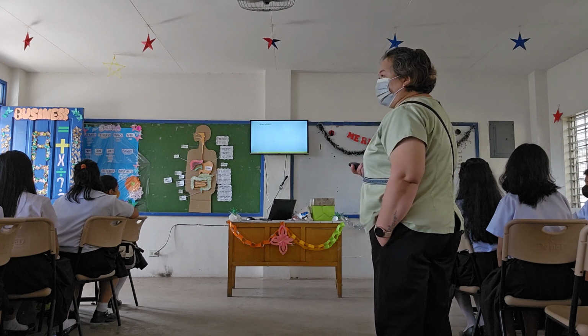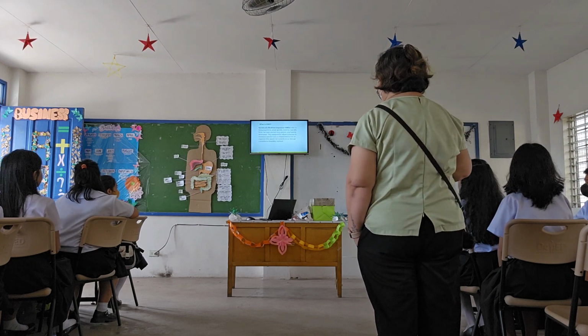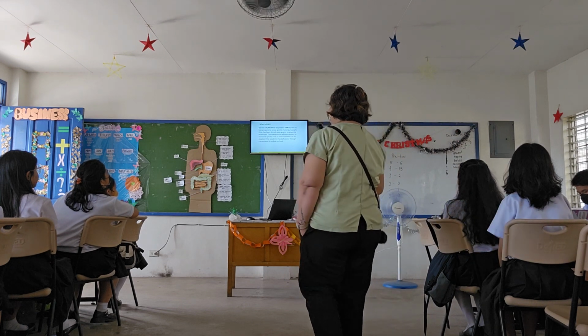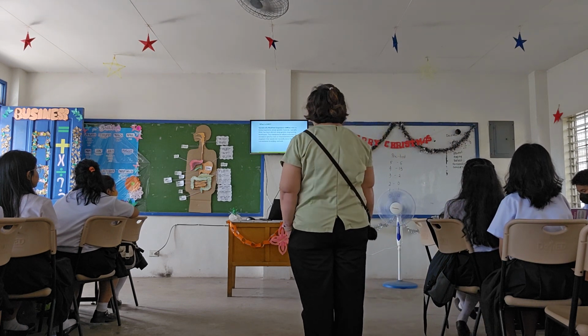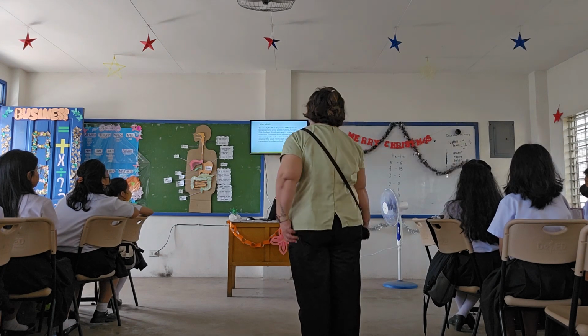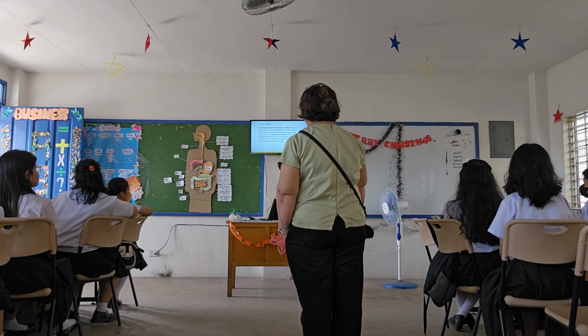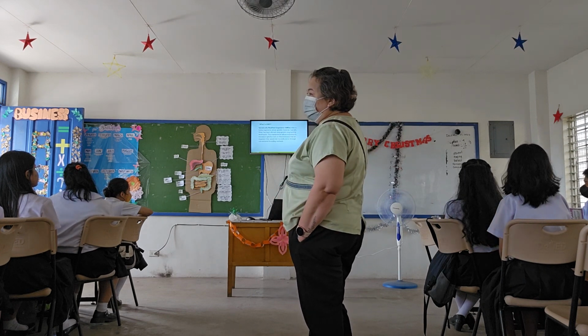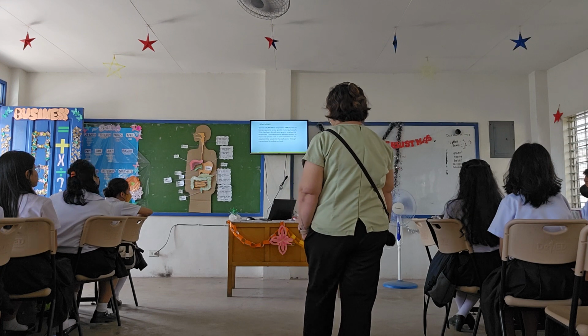Okay, so what is GMO? GMO, again, is genetically modified organism. This refers to living organisms like us, we're living, right? Whose genetic material, typically DNA, has been altered using genetic engineering techniques.